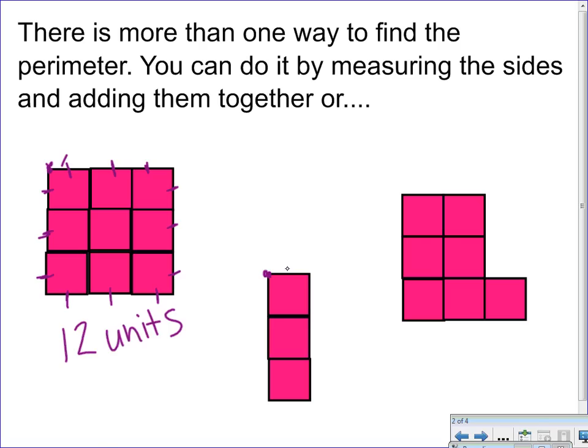Count each line segment. 1, 2, 3, 4, 5, 6, 7, 8. So the perimeter of this shape is 8 units.